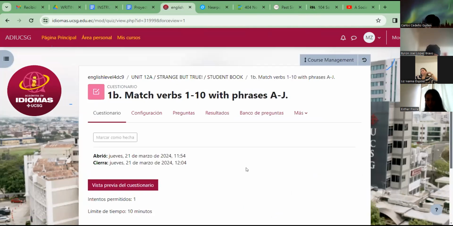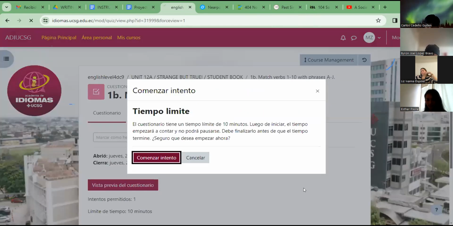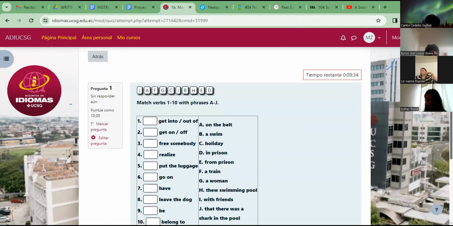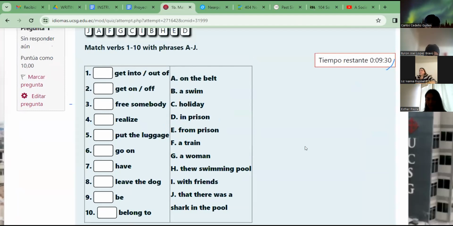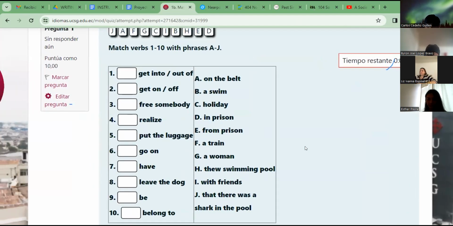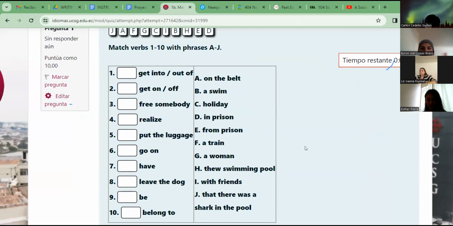You can start now. Please, you have 10 minutes for the activity. So don't hurry up. You have time. Be careful. Don't get confused.